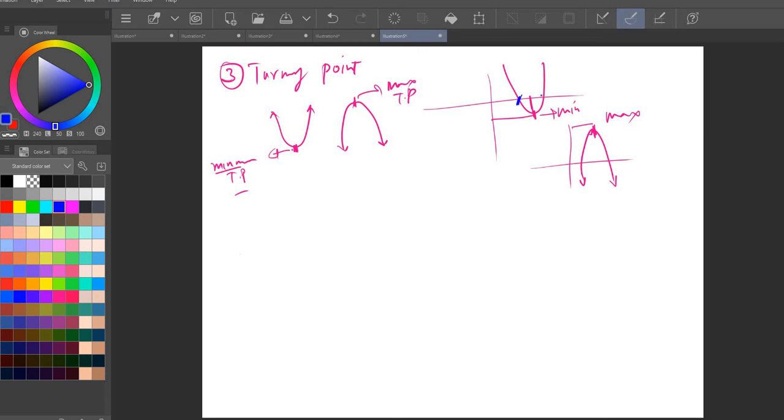See, my blue dots are my x-intercepts, right? And if you see this turning point here, this turning point is actually sitting right in the middle of my x-intercepts.